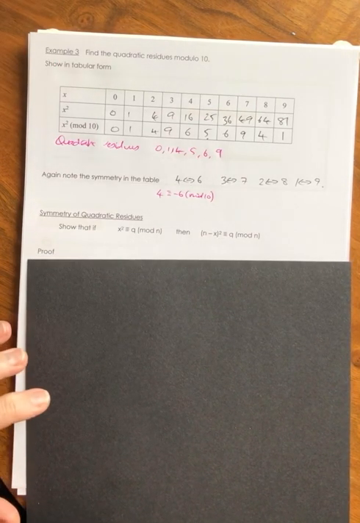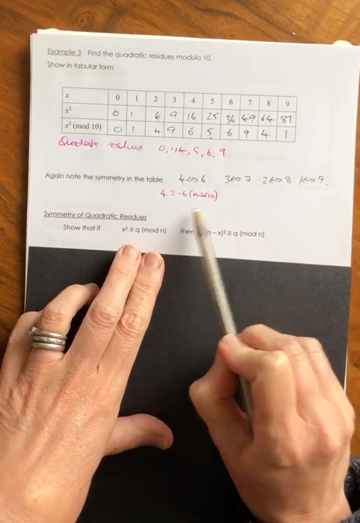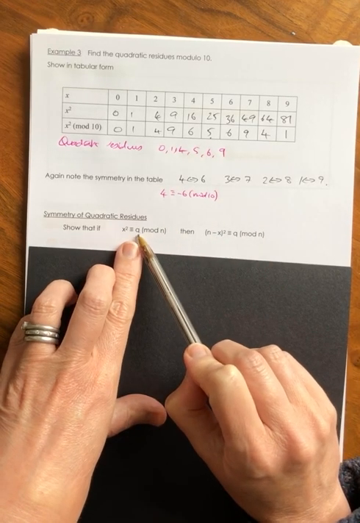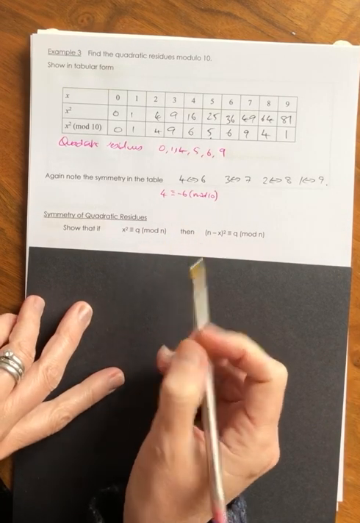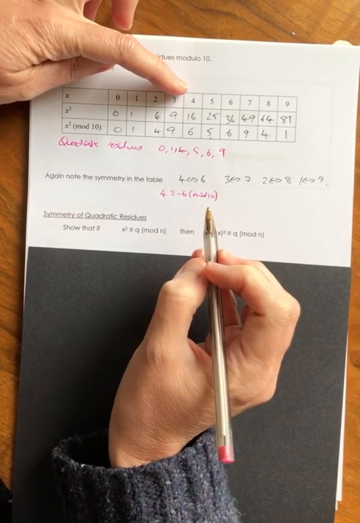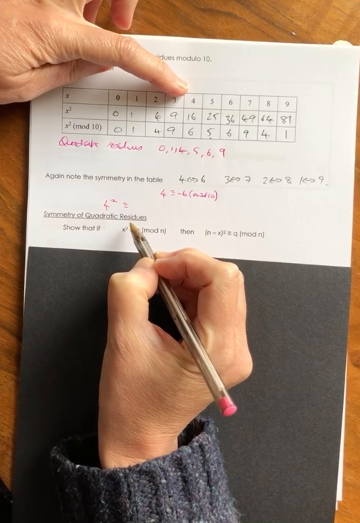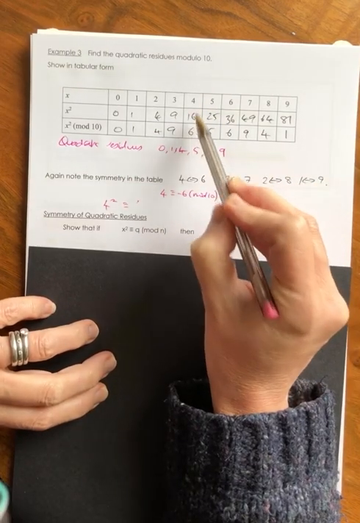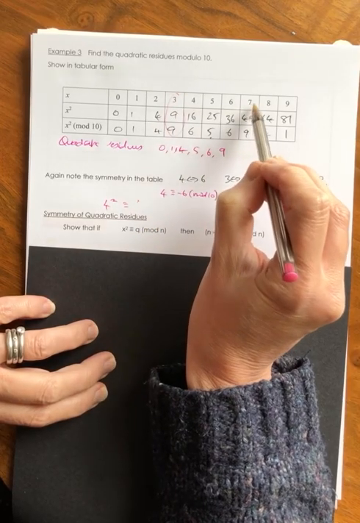So you may be asked to do this, and this is just talking about this result algebraically. If x squared is congruent to q mod n, so for example, if 4 squared is congruent to 6 mod 10, and you know what, this is a little bit odd, because I've got that appearing there, so I'm going to change it to the 3 and the 7.